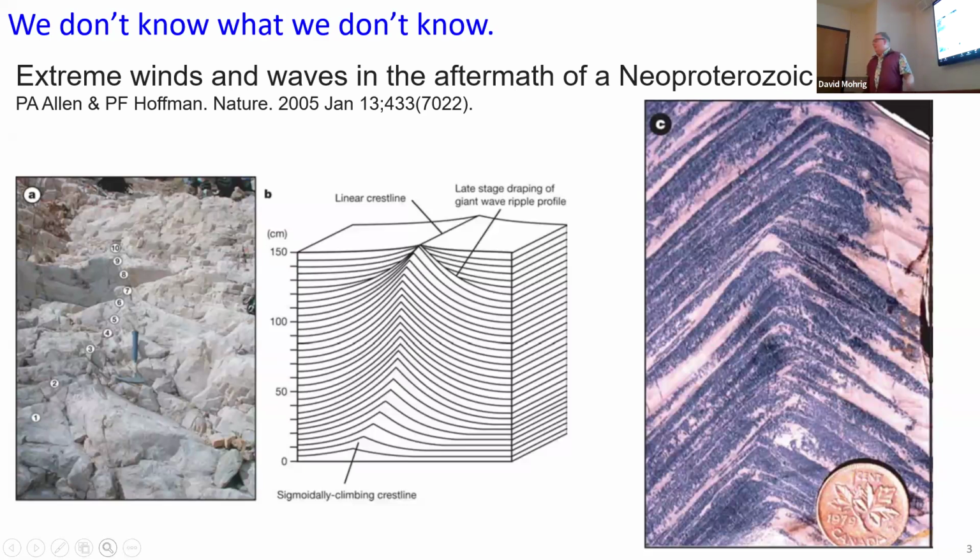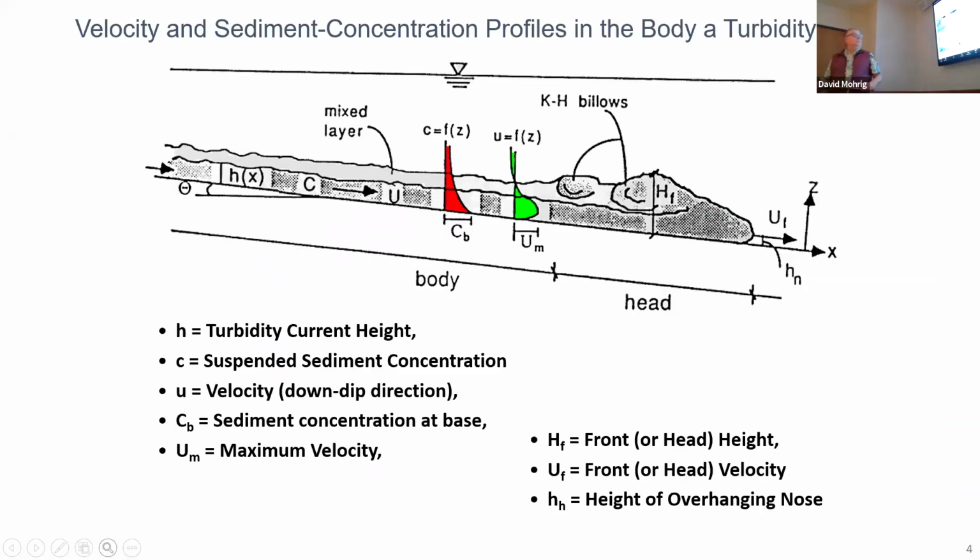Of course, Precambrian geologists love to do this. They love everything to be more complicated than it is today. At least that's totally my bias, but I think it's fair. They wanted extreme winds and waves, and the question is, well, maybe there are other ways to do this that don't require having the surface waves impinging down to 150 meters.